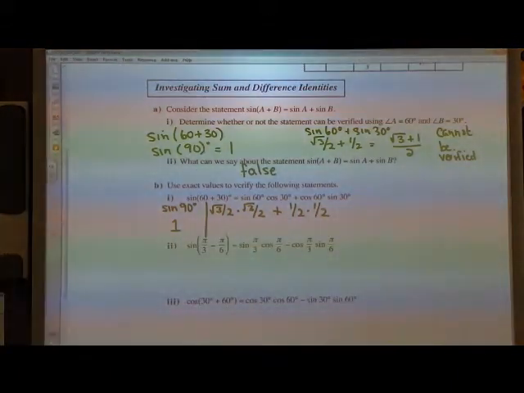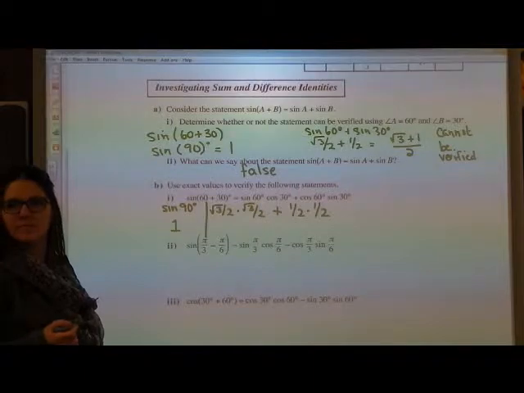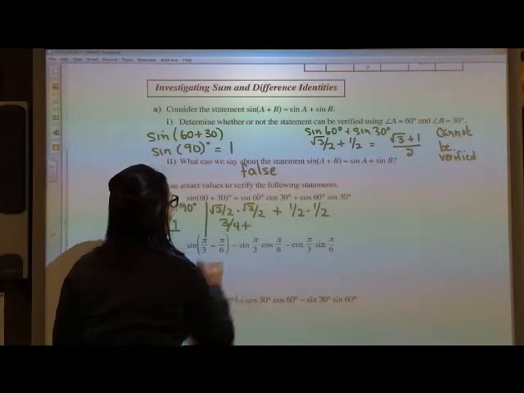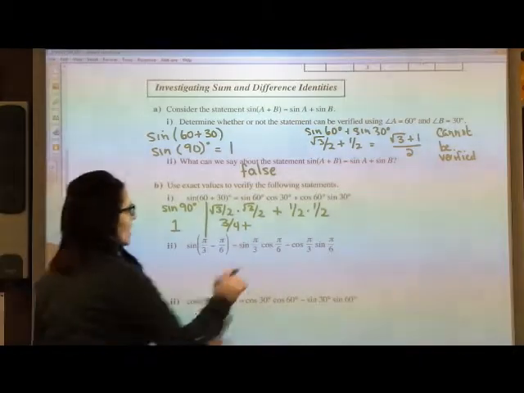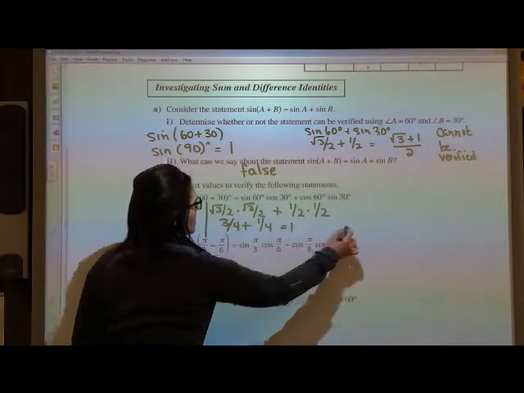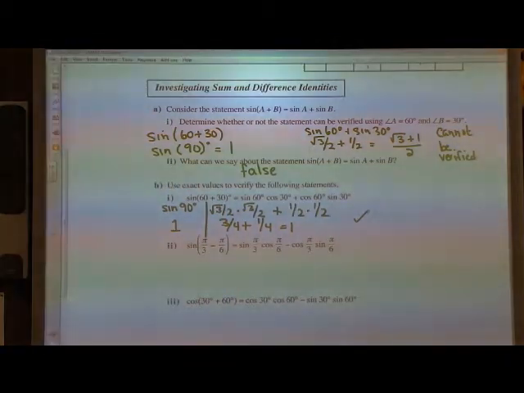If I take root 3 over 2 and multiply it by root 3 over 2, what would I get? 3 over 4. And 1/2 times 1/2 would be 1/4. And 3/4 plus 1/4 equals 1. So I've shown that both sides are equal to each other.